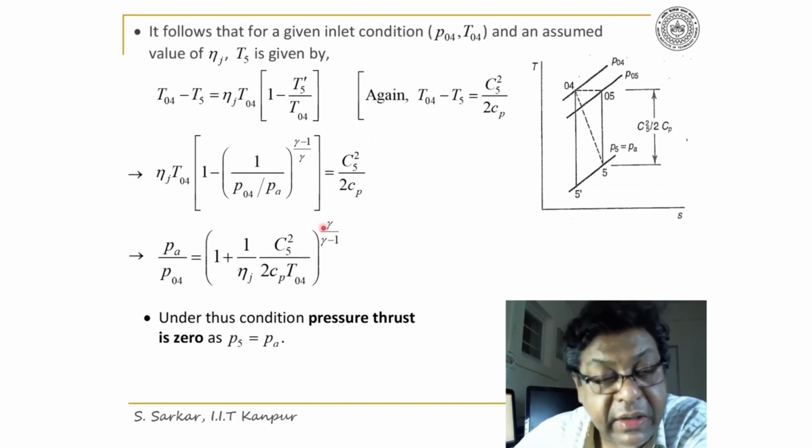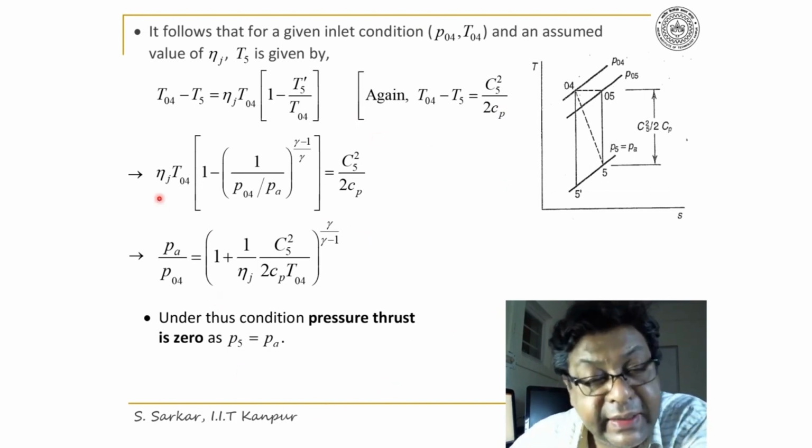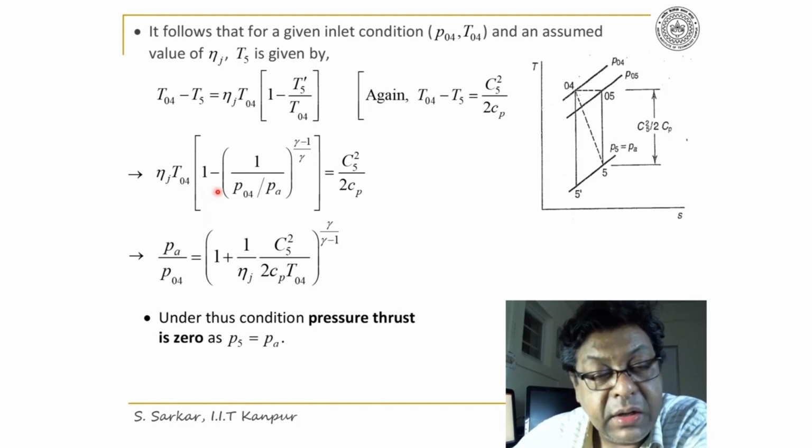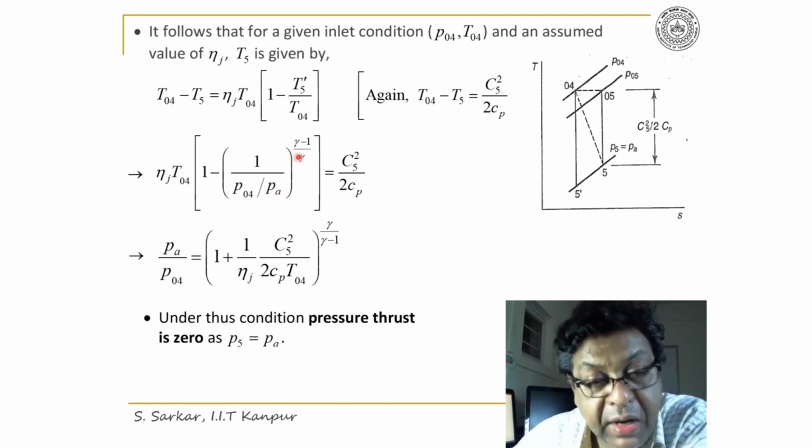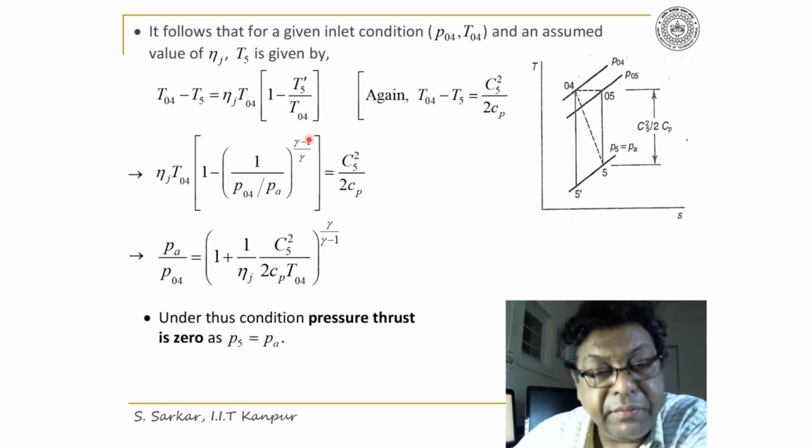Thus we can write that eta J into T04 within bracket 1 minus 1 divided by P04 by Pa to the power gamma minus 1 divided by gamma equal to C5 squared by twice Cp.